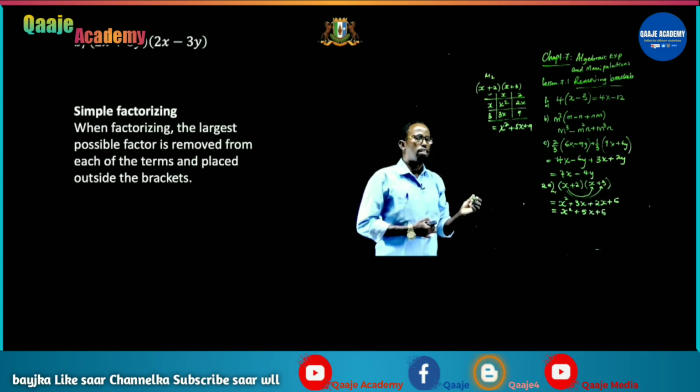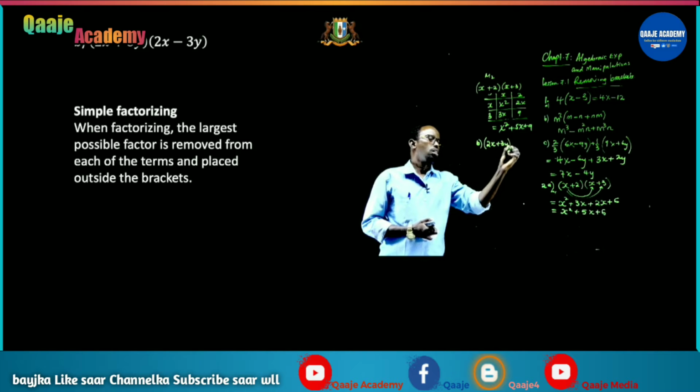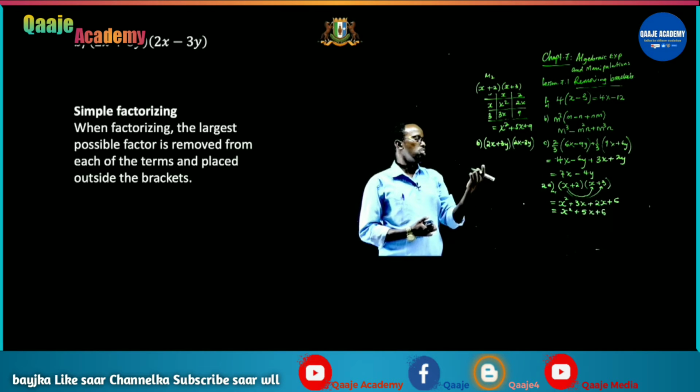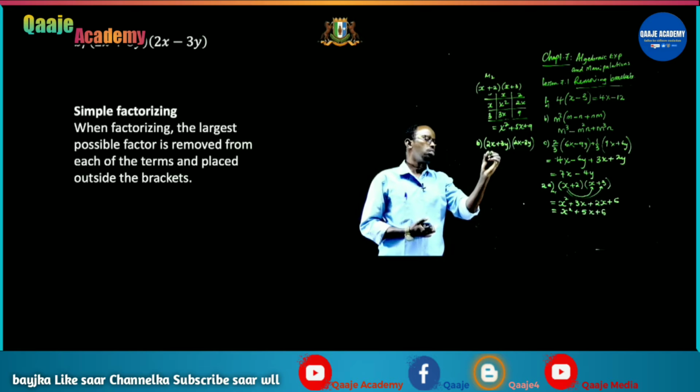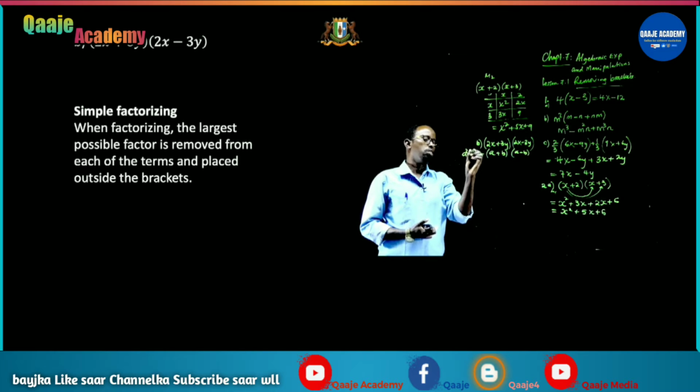The next one is B: 2x plus 3y, and then 2x minus 3y. This one is a difference of two squares. It's like saying a plus b, a minus b. The answer will be a squared minus b squared.